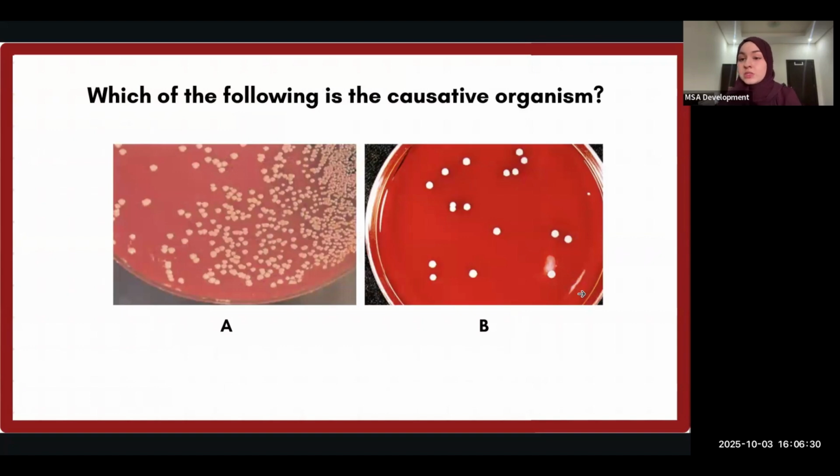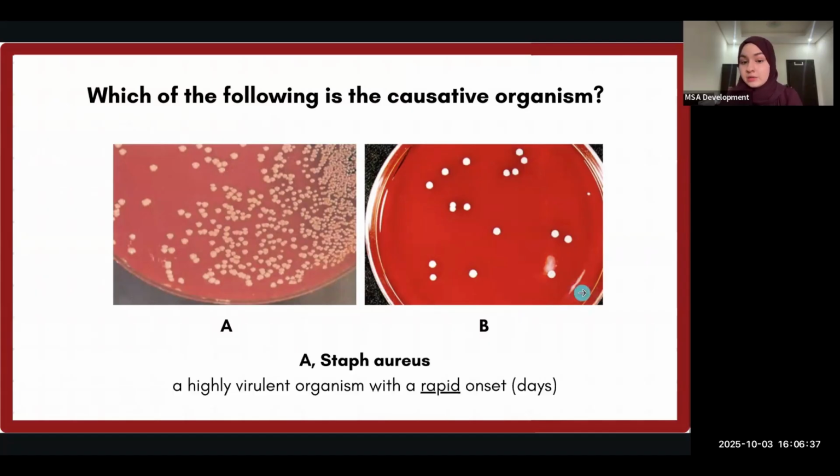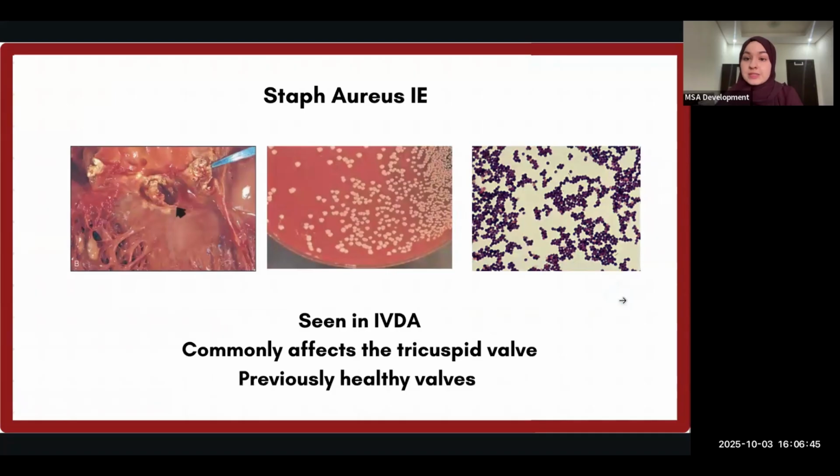So which of the following is the causative organism for the previous patient? That would be A, which is Staph aureus. You can see the golden colonies that describe Staph aureus. So in Staph aureus endocarditis, the main thing I want you to remember is that it is mostly seen in IV drug abuse.